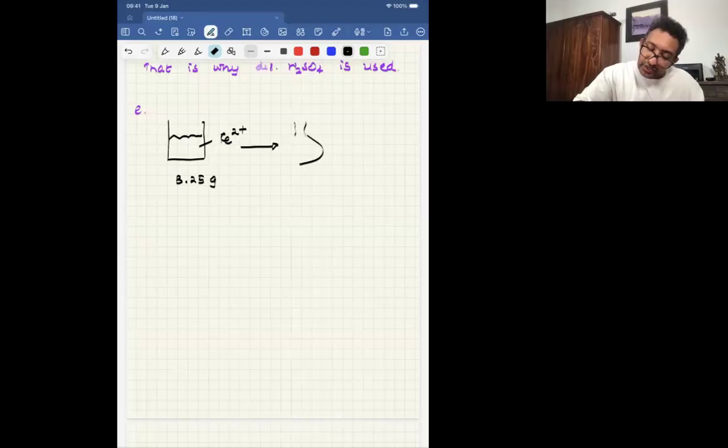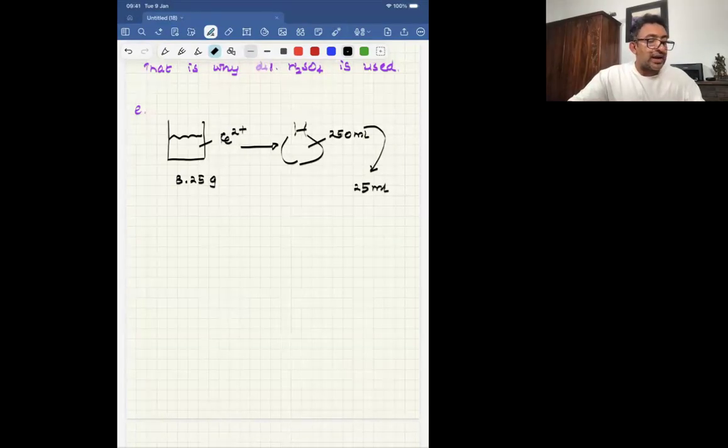So now your solution is 250 milliliters. A 25 milliliter sample was pipetted out from the stock solution and titrated with 0.02 molar potassium permanganate. So you are titrating it with potassium permanganate.